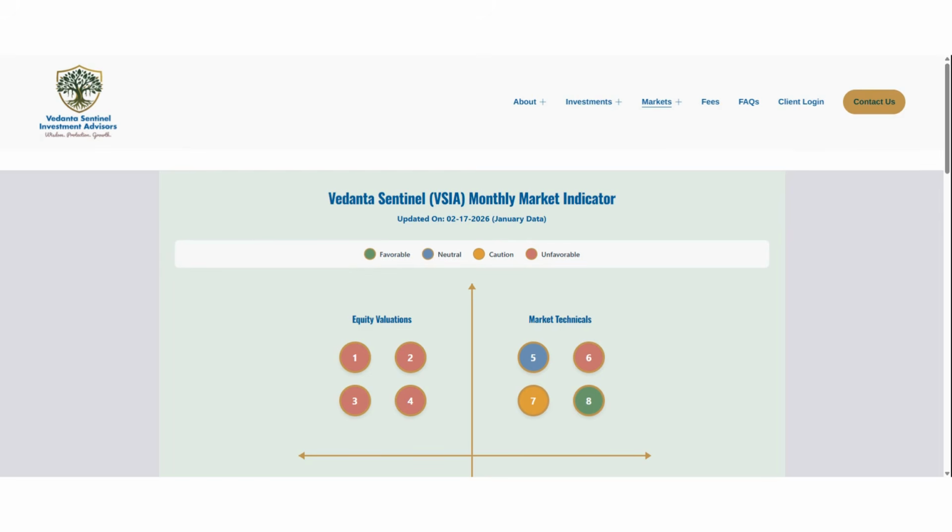Not what the markets will do tomorrow or next week, but the overall backdrop, on balance, whether the backdrop is constructive or challenging over an intermediate to longer term time horizon. We define intermediate to long term as a few quarters and beyond. So think of this as a weather map.